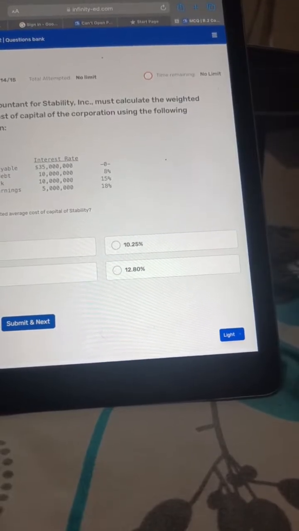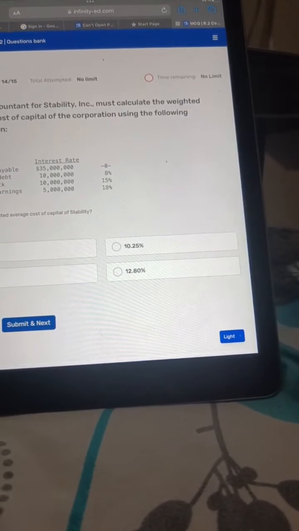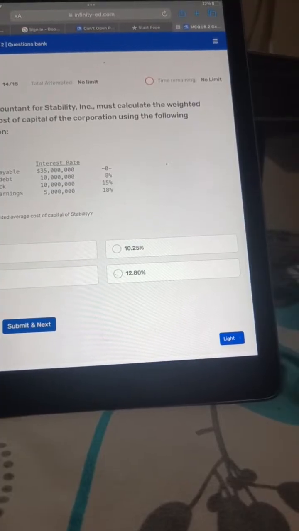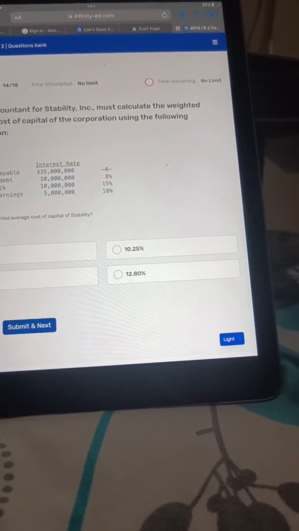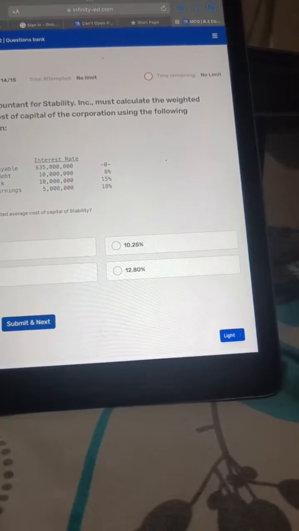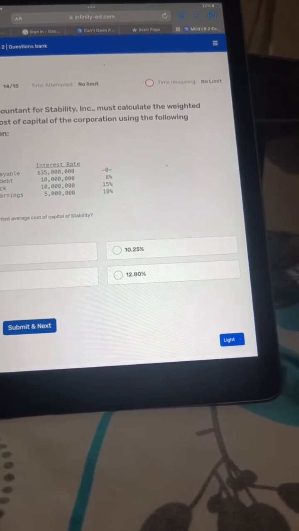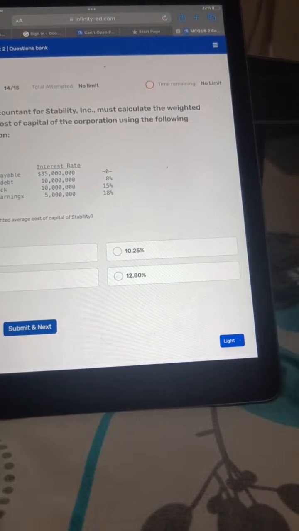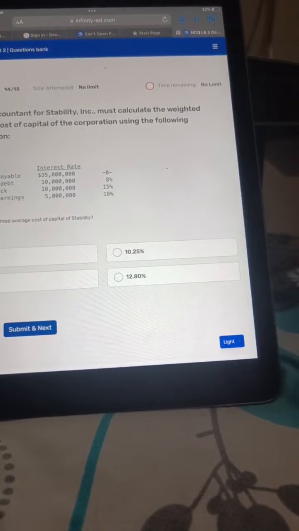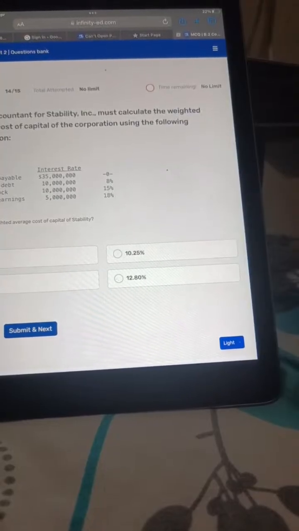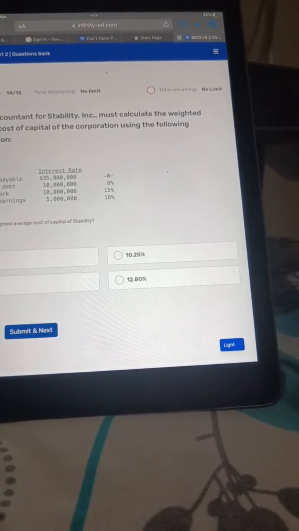Accounts payable 30 million, 35 million, long term debt 10 million, common stock 10 million, and retained earnings 5 million. Accounts payable has no cost, and long-term debt 8%, and we don't have any information about the tax purpose.